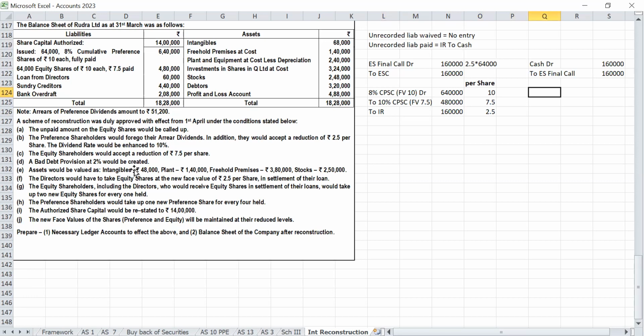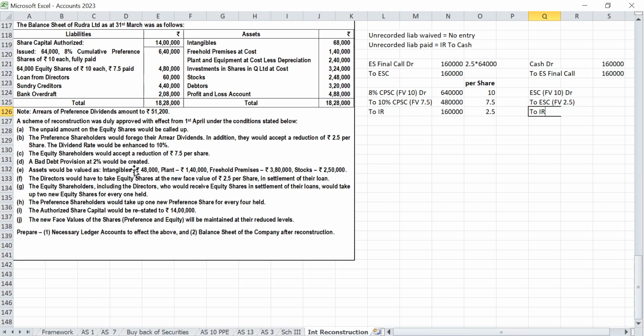Then the equity shareholders would accept a reduction of 7.5 per share. Equity share capital of face value 10 was there. For that, I have to give equity share capital of face value 2.5. A reduction of 7.5, sir.